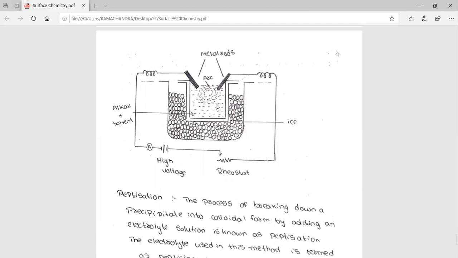For the formation of vapors, we use ice, so the ice will cool down the formation of the vapor particles. In this method, we prepare the lyophilic gold sol.